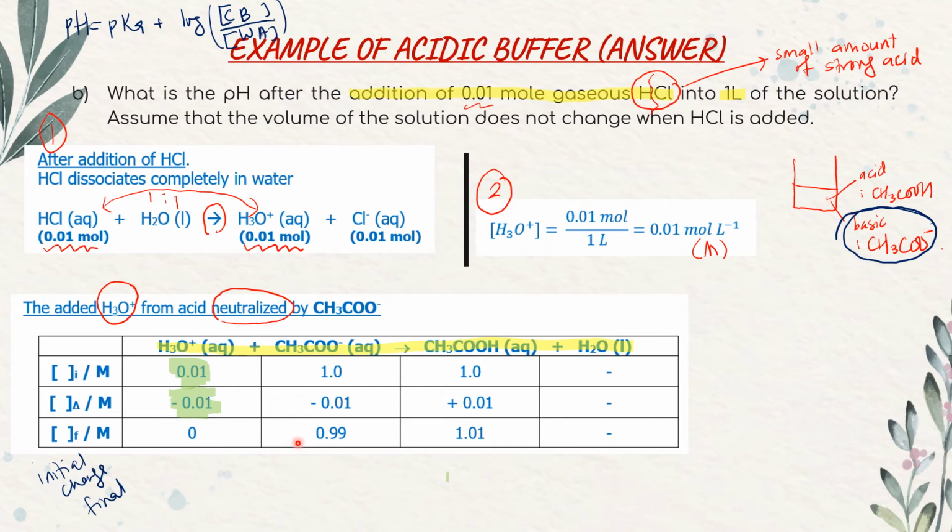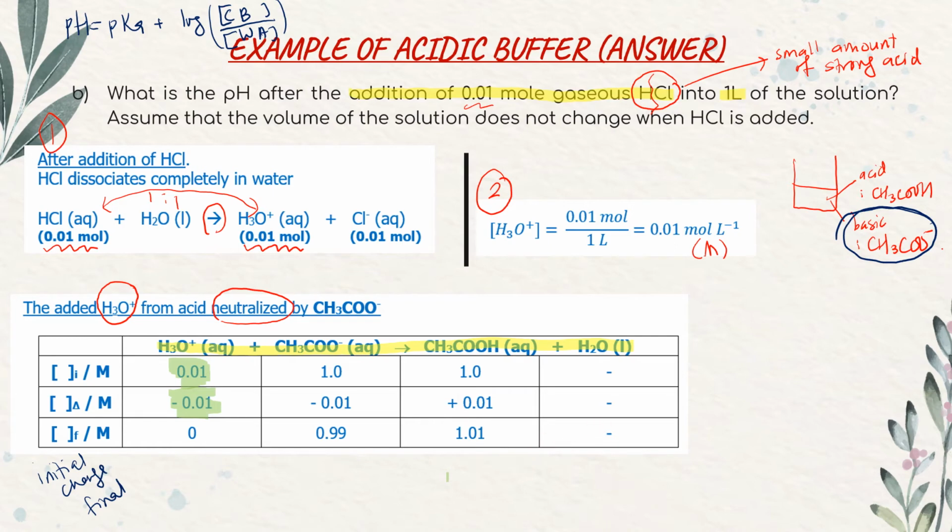As you can see here, the concentration of the CH3COO- changes. Originally 1, but it has been used, so it decreases, leaving 0.09. The same with our weak acid. Starting we have 1.0 molar, but at the end of the reaction we gain extra CH3COOH, whose concentration becomes 1.01.